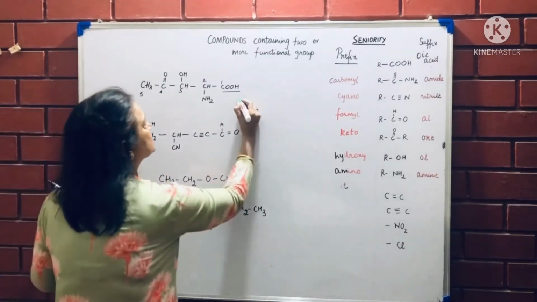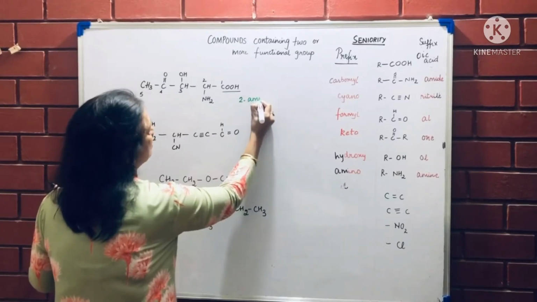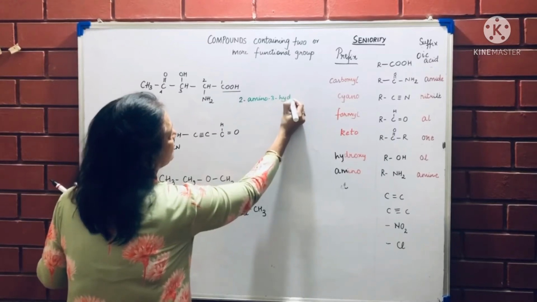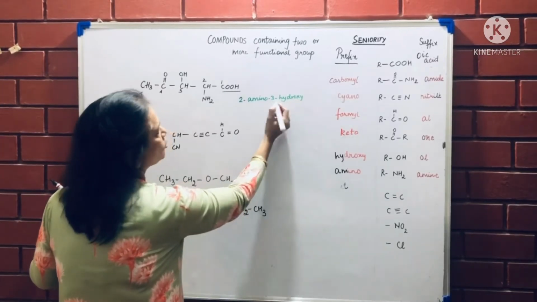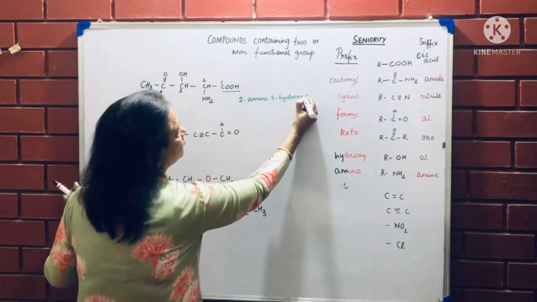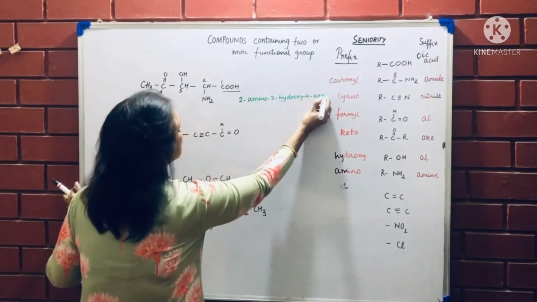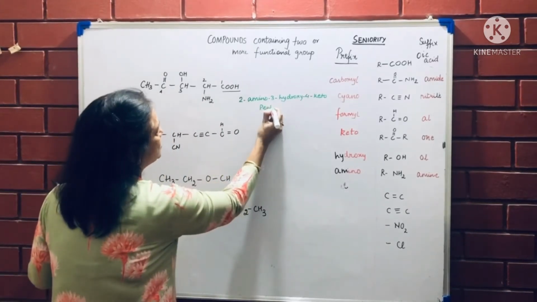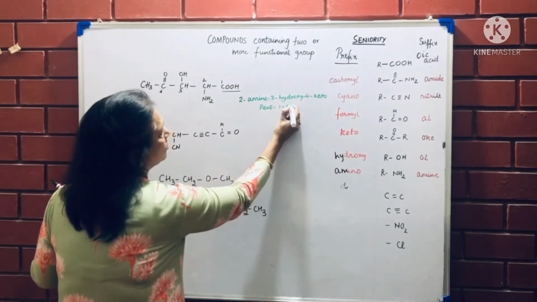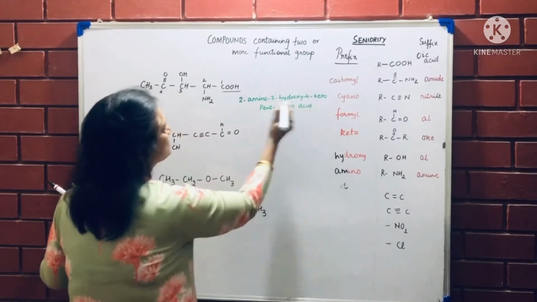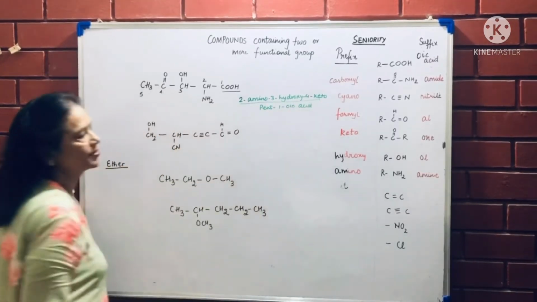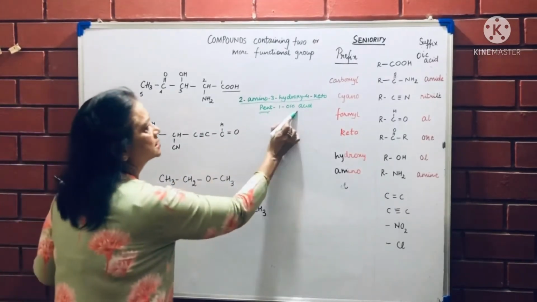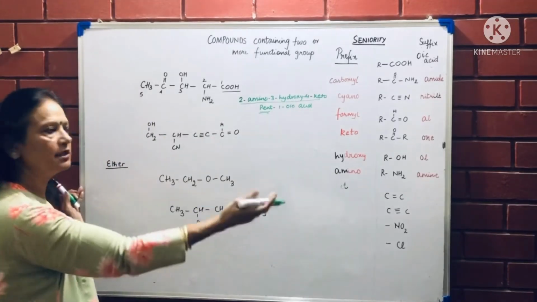So I'll say it is place 2-amino, 3-hydroxy. When you write numbers, put hyphens on both sides. 4-keto. And now the chain is of 5 carbon atoms, so pent-1-oic acid. All these that I have written are prefixes. This is the word root, the chain, and this is the major functional group written on the right of the compound.